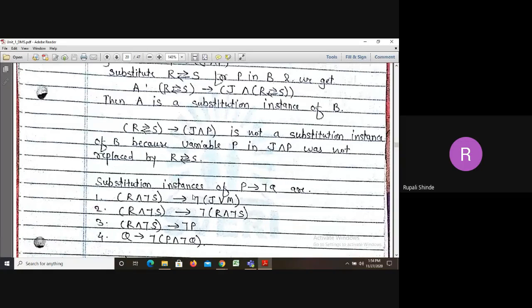J or M. Correct. Now if you consider the second one, P is replaced by R and negation S, as well as Q is replaced by R and negation S. Again, in the third one, P is replaced by R and negation S, and Q is replaced by P. And for the fourth one, P is replaced by Q and Q is replaced by P and negation P. So these are some examples.